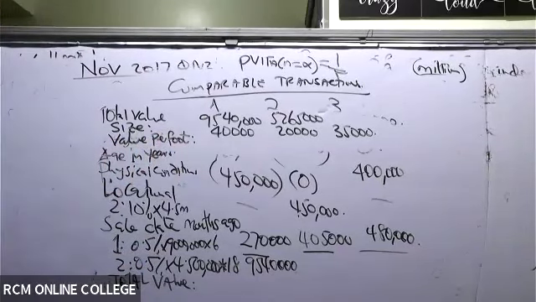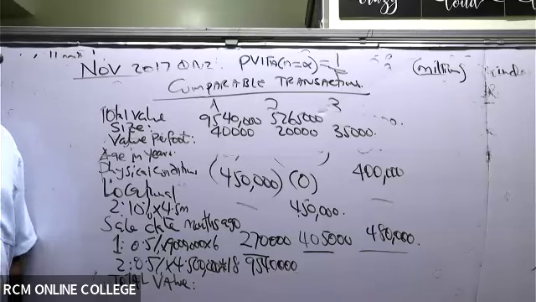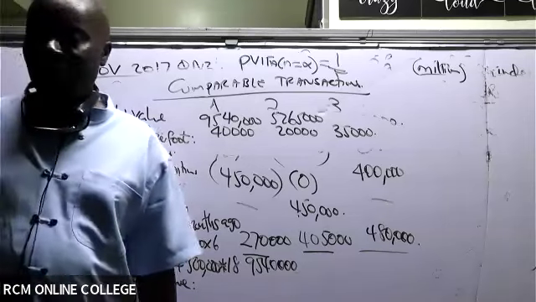So property number 3 is 80. You guys have different figures. I don't know whether it's 8880 or 8080. There's an 8 missing somewhere there.